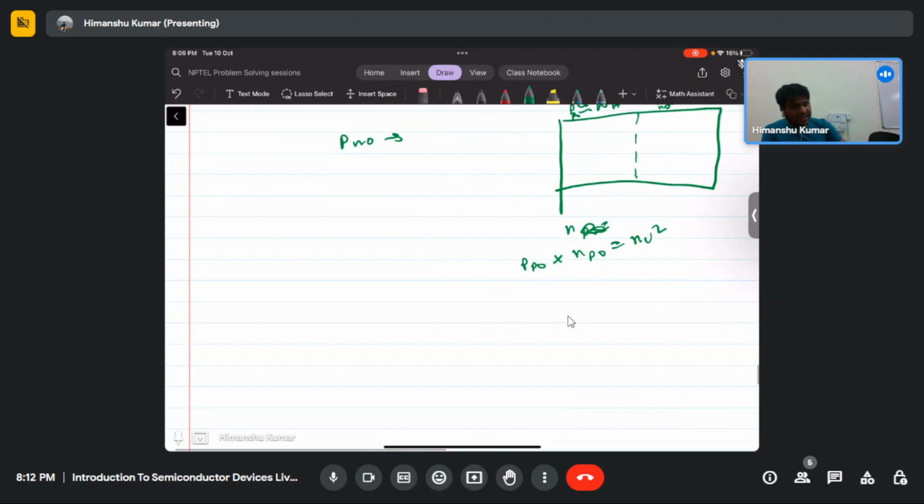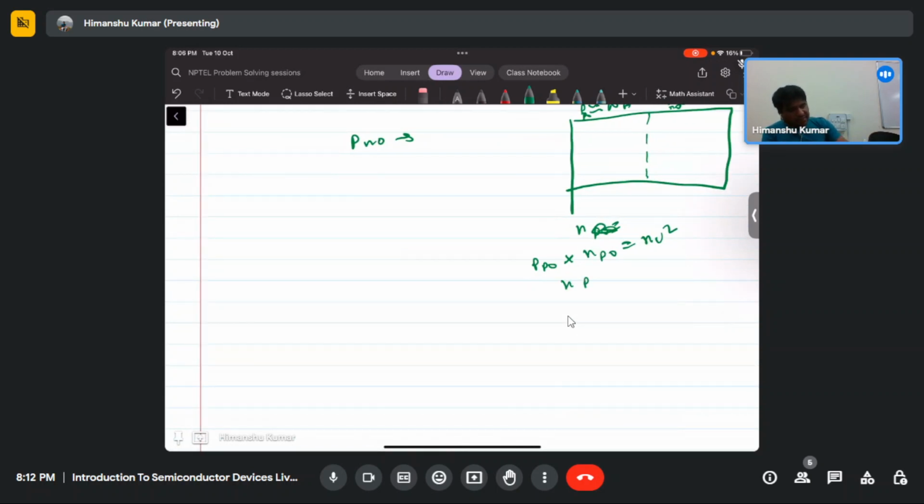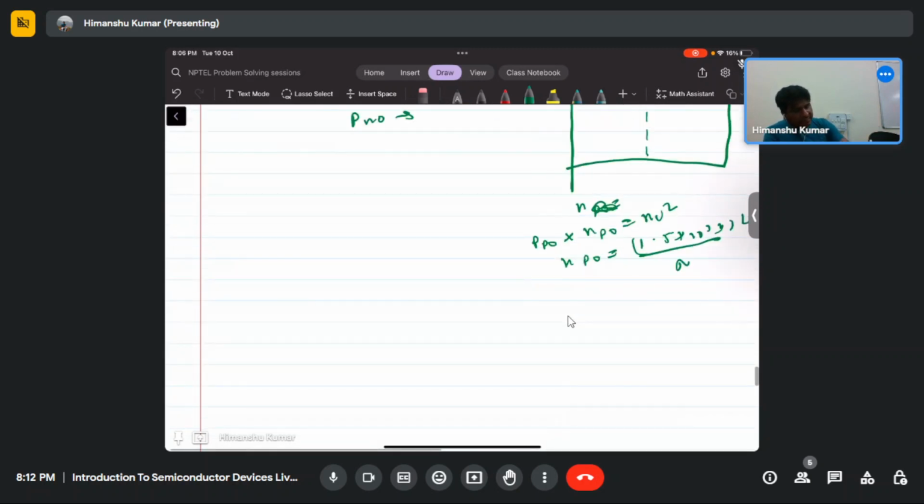If we take Ni as 1.5 into 10 power 10, then Np naught will be Ni square divided by Pp naught, which is Na. So Np naught is basically Ni square by Na, and Pn naught is Ni square by Nd.